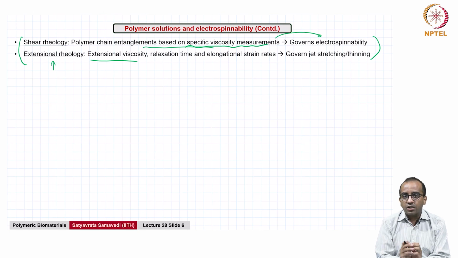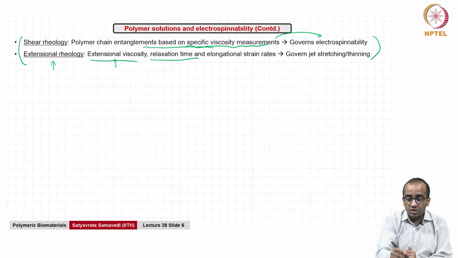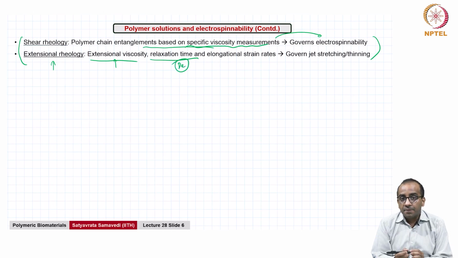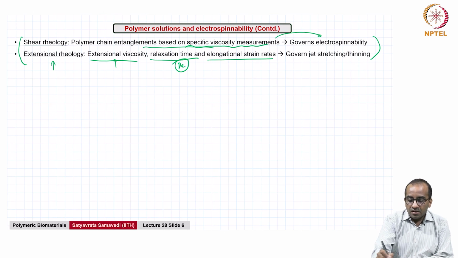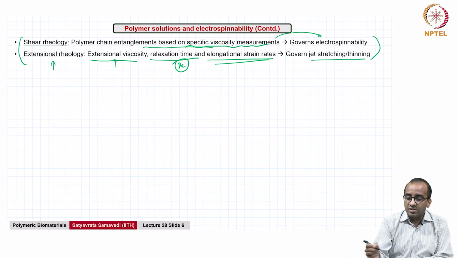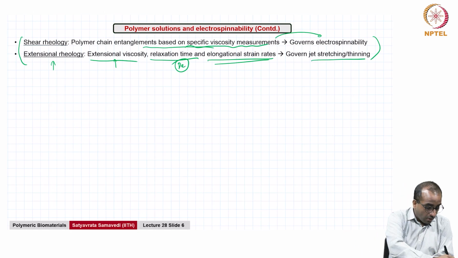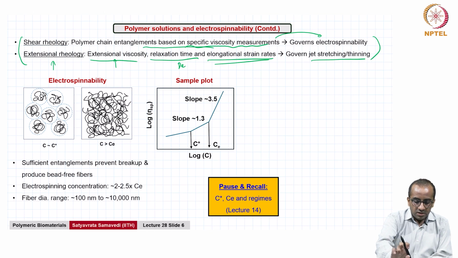But during electrospinning, what becomes very critical is extensional viscosity, relaxation time, and we've already looked at the Deborah number in lecture number 24 and 25, and elongational strain rates. So, these become important because these govern the jet stretching and thinning during electrospinning, right. So, let us look at this a little bit more in detail.